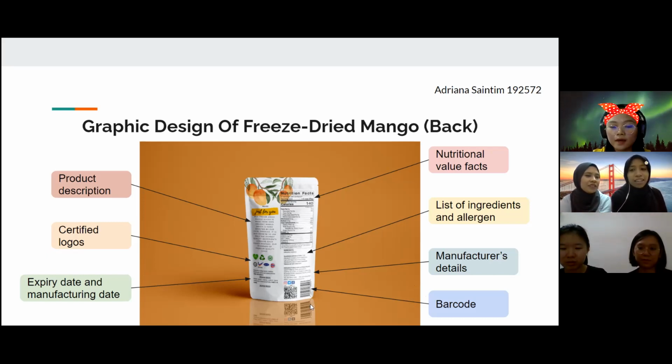And then we have the barcode, which is for scanning the product, and also the QR code. The QR code is included because nowadays many packages have a QR code for people to scan and learn more about the products.